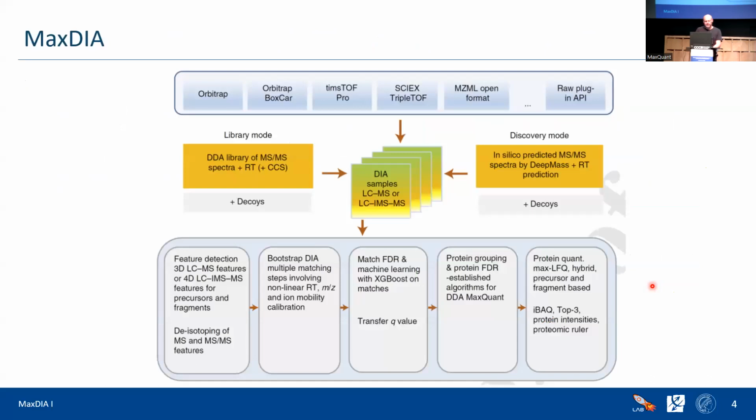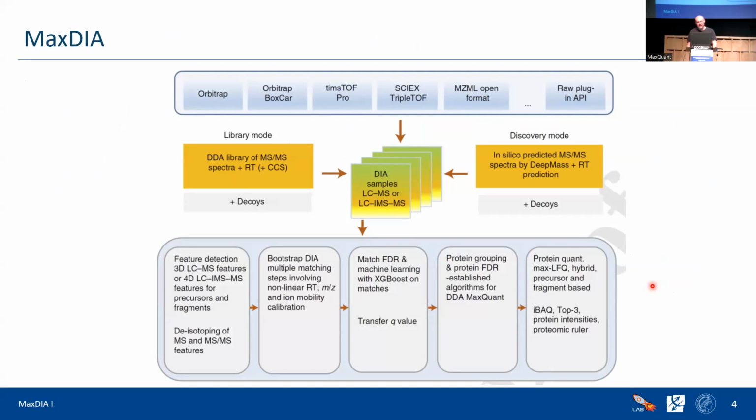More than a year ago, we came up with the DIA workflow within MaxQuant. MaxDIA is not a separate software, but just a workflow within it. There's only one MaxQuant software, and it has this DIA workflow incorporated. You will see in the practicals how exactly you would analyze data with MaxDIA.